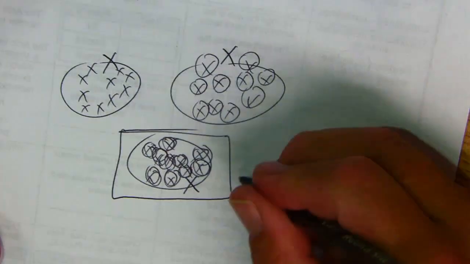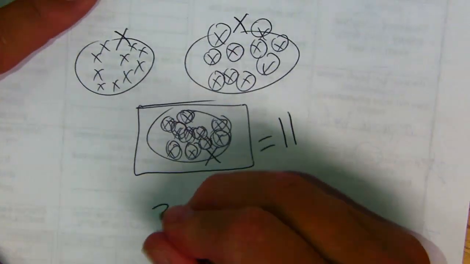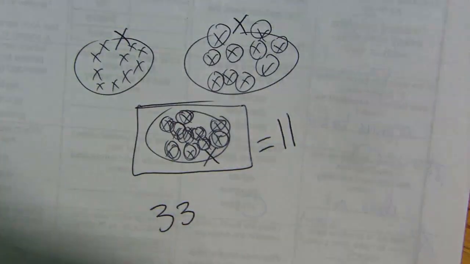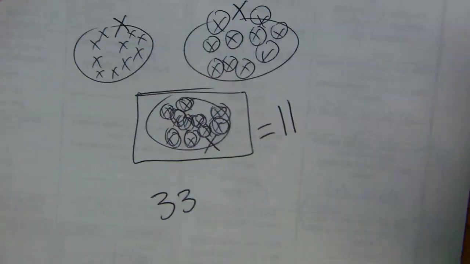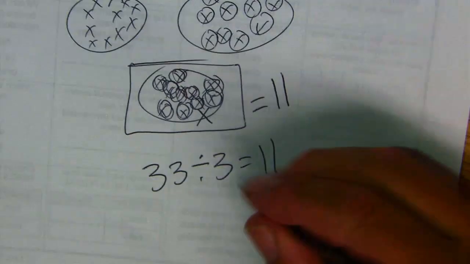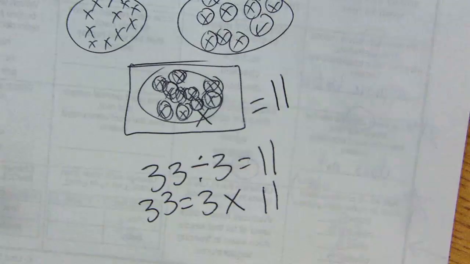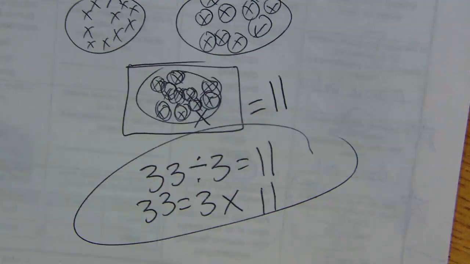All right, so how many each day? 11. I think I did that right. The better way to do it, though, would be to memorize your multiplication facts. 33 minutes shared among 3 days is 11. 11 times 3 equals 33. The fact family, right?